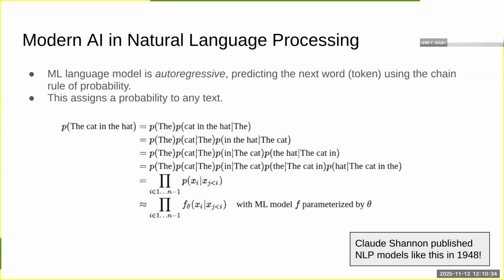This is a mathematical fact. It's just a product of seeing each word conditioned on the words before it. So this is basic probability that you learn in a math class.